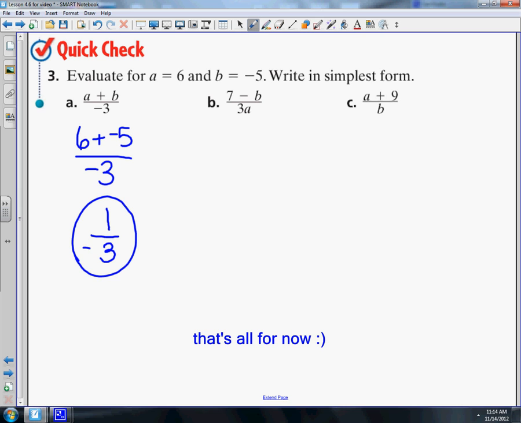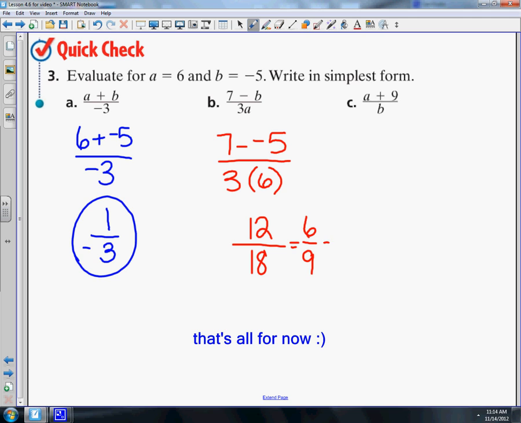So here I have 7 minus negative 5 over 3 times 6. 7 minus negative 5 is 12 over 3 times 6, which is 18. And then I'm going to cut each of those in half, which is 6/9.